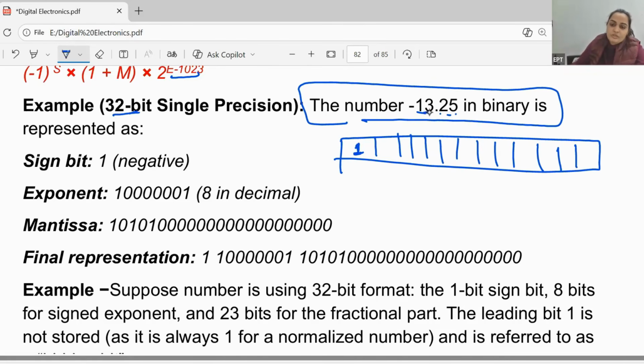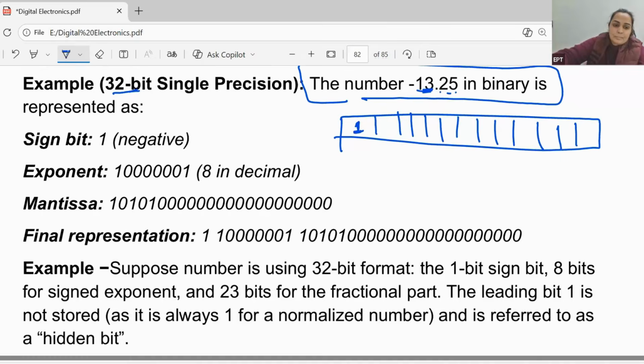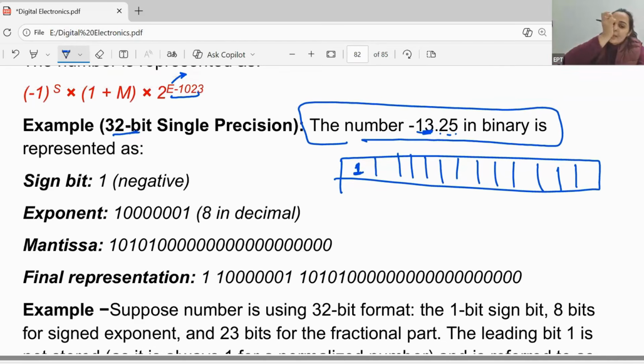How will you write 13? 13 is 8 plus 4 plus 1. Then the dot.